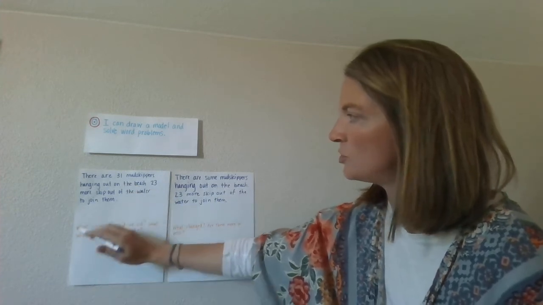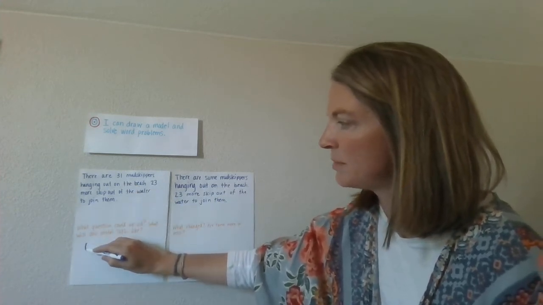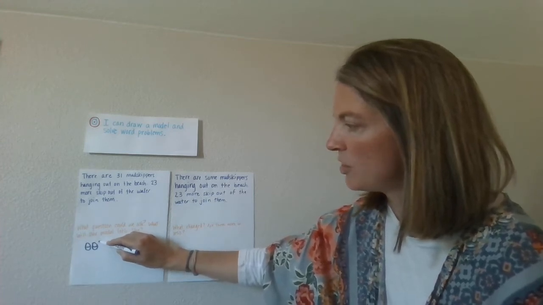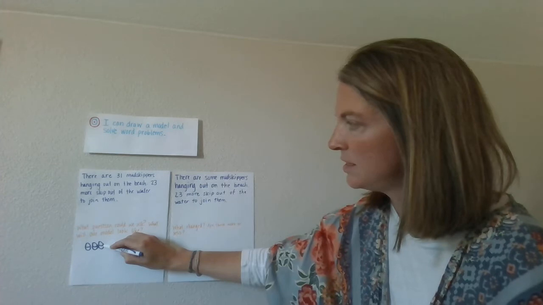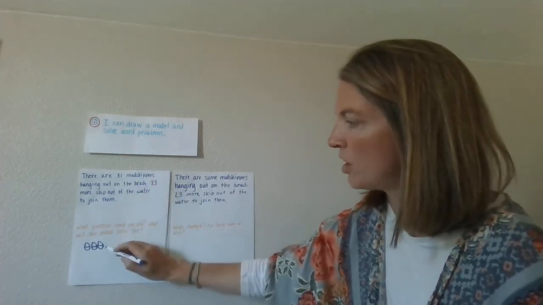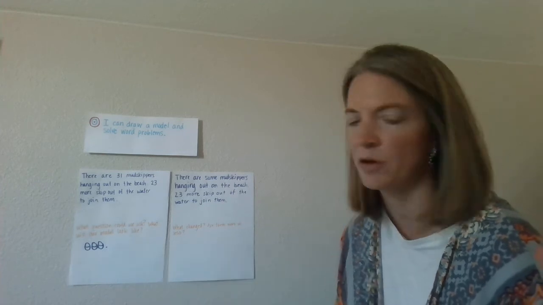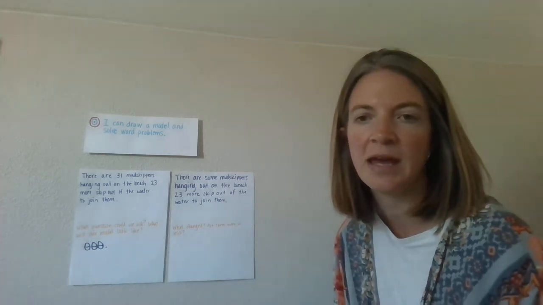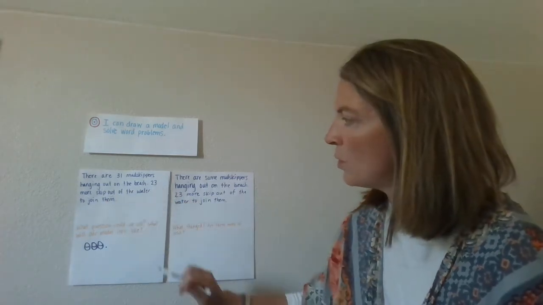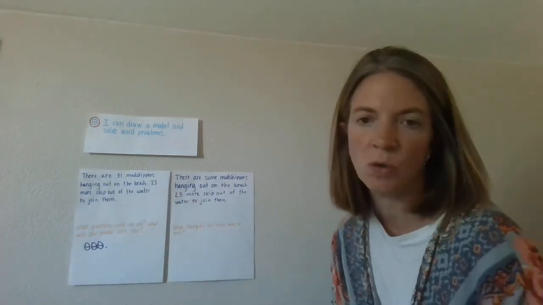So I'm going to start with drawing 31 mud skippers, and I'm going to use our tens and ones model to help with this. I'm going to draw 3 bundles of 10 to show 30, 10, 20, 30. And I'm going to draw 1 dot to show that there were 31 mud skippers hanging out on the beach. And I know 23 more skip out of the water to join them.